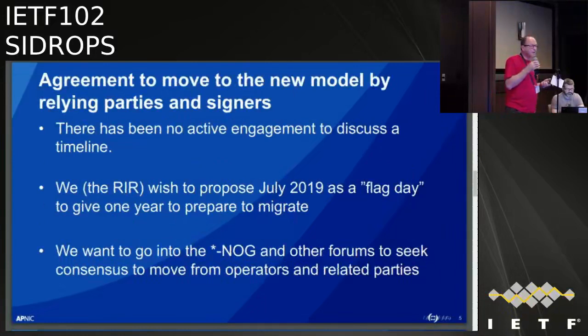Okay, so let's think about the second arc, getting agreement to move. We haven't had any sense of engaged conversation about this. So we haven't had a dialogue where we're talking with the real users of this in routing. What are your feelings here? Where do you want to go? How do you feel about the cost burden of a flag day? And we feel like if we're going to put a line in the sand and say, all right, we're going to propose concretely a transition document that says date July 2019.